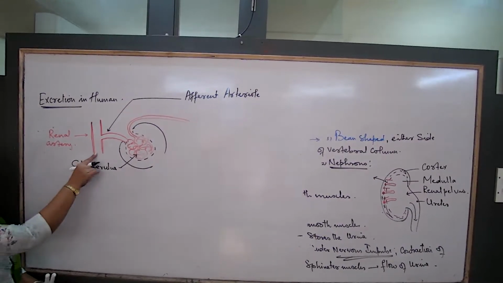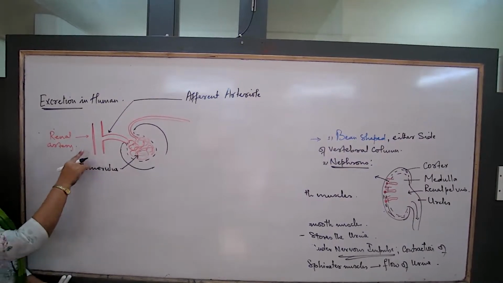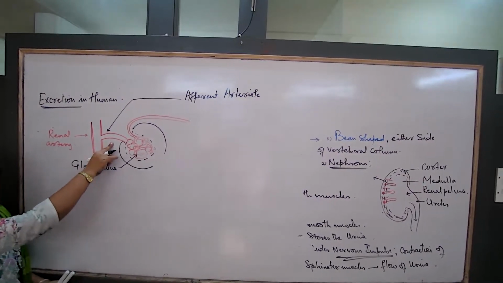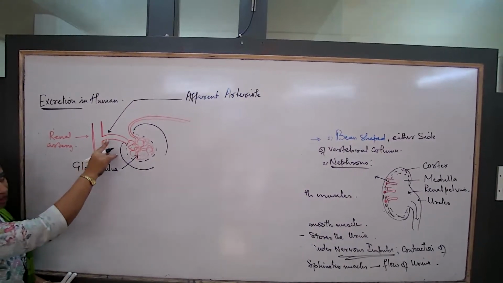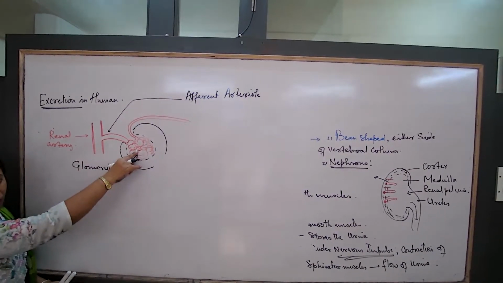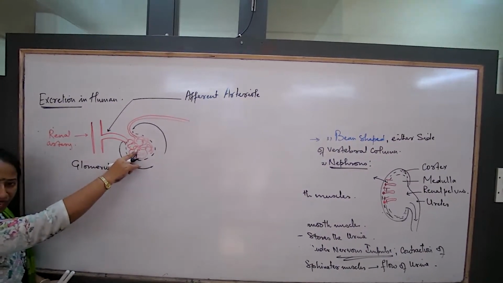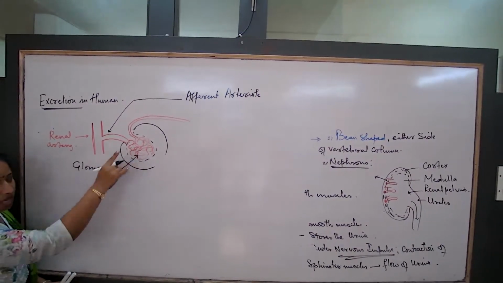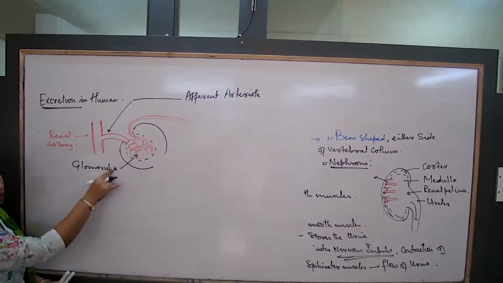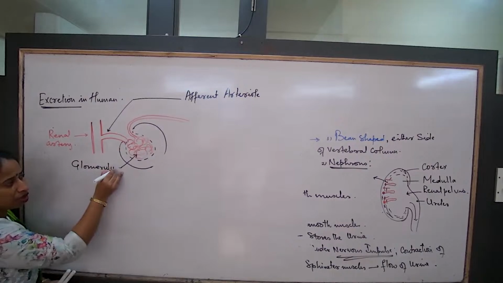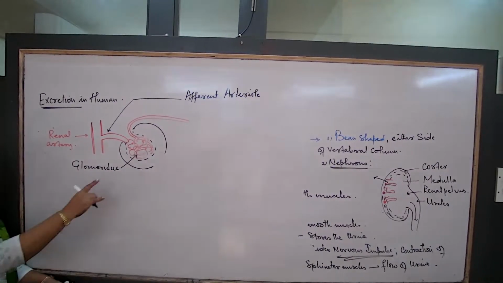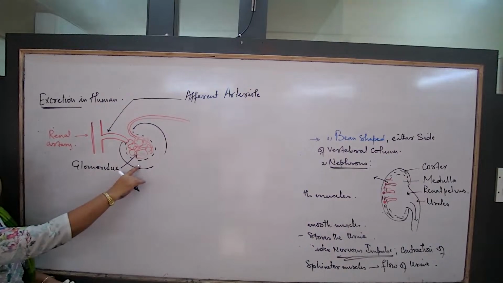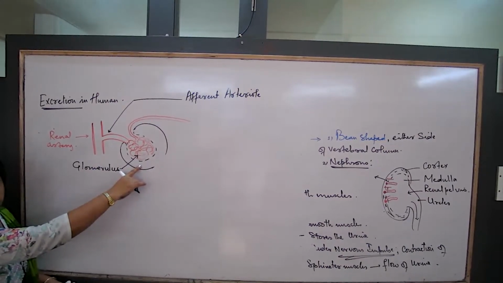What did I say? This is the renal artery. The renal artery divides into a number of blood capillaries. First of all, the afferent arteriole. The afferent arteriole divides into a number of blood capillaries, extremely fine, thin, narrow capillaries. And what is this network of blood capillaries known as? This network of blood capillaries is known as glomerulus. But the glomerulus is surrounded by a double-walled cup-shaped structure like this.